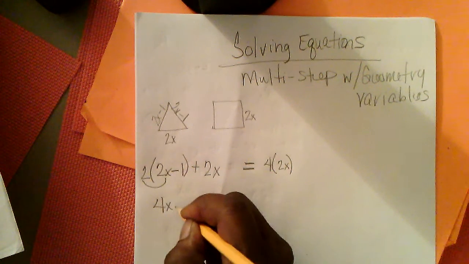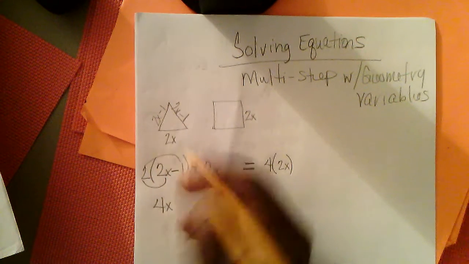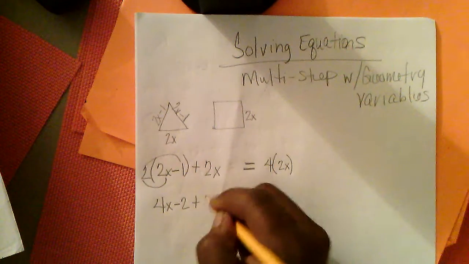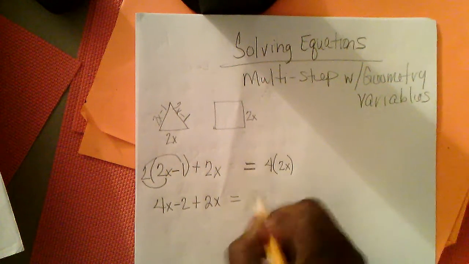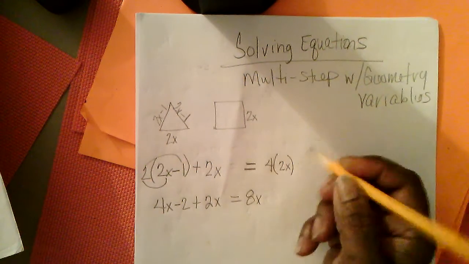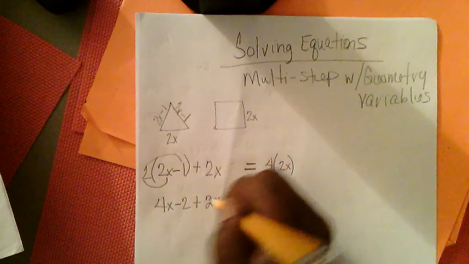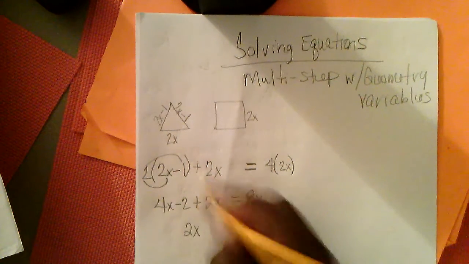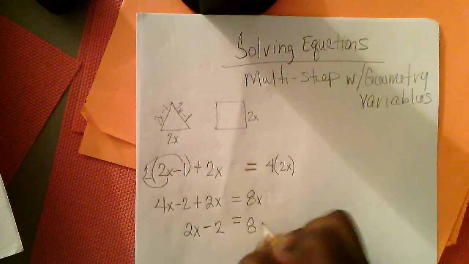2x times 2 is 4x. 2 times negative 1 is negative 2. Plus our 2x equals 4 times 2 is 8x. 4 plus 2 is 6x. Bring down our minus 2. All we have is 8x over here.